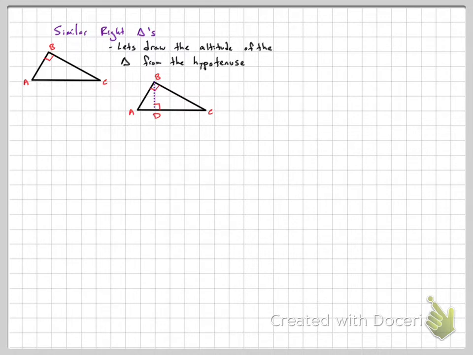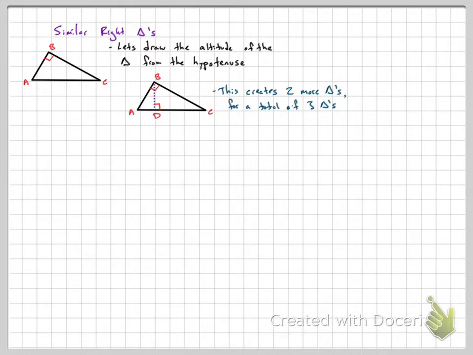Now when I draw this altitude in, I'm creating two more triangles for a total of 3 triangles. Triangle 1 is our original big triangle, triangle 2 is this medium-sized one, and triangle 3 is the smaller one right here. Notice that all 3 triangles are right.